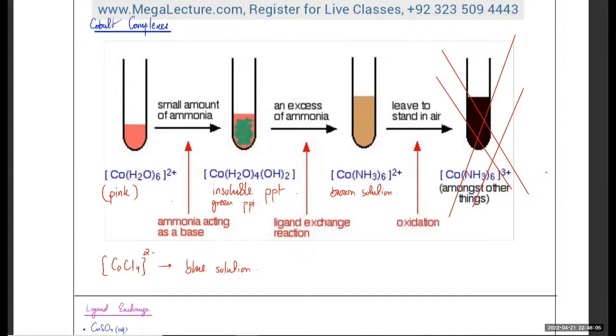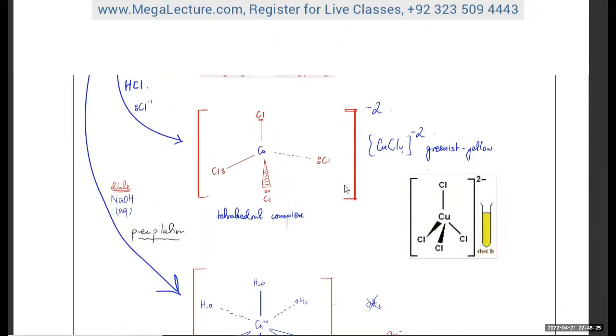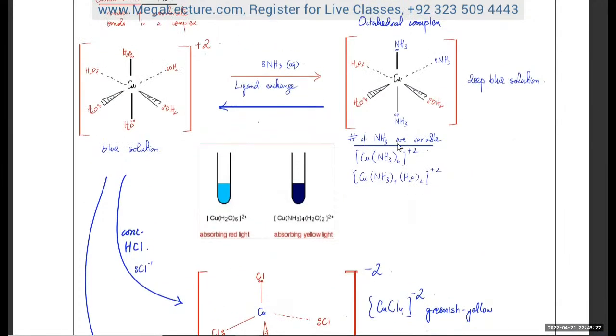Assuming this cobalt with water complex is being added to OH ions, how do we know whether all the H2Os get replaced or only two? With NH3 you replaced all of them. I've told you previously that the number of NH3s is variable. You can add 6 NH3s, or 4 NH3s and 2 water molecules.